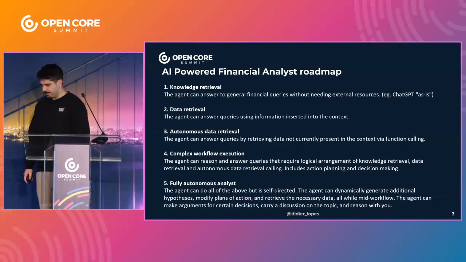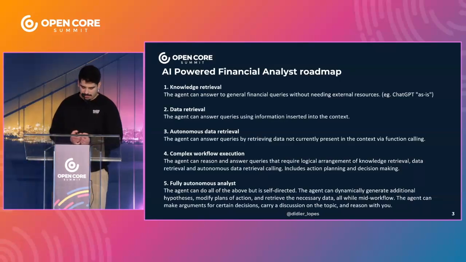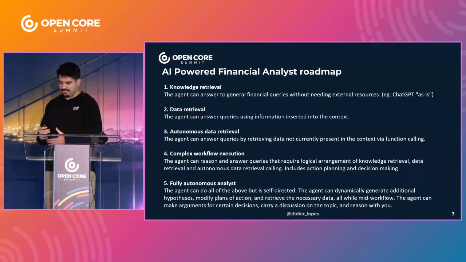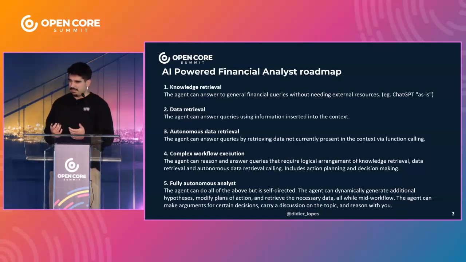First of all, we basically built a roadmap of what it looks like to go from stage 1 into stage 5, like autonomous vehicles have. We created these different stages in terms of what a financial analyst needs to do. The first stage for us was knowledge retrieval. That's fairly easy. ChatGPT can do most of it because the models are trained on so much data that it can answer financial questions.